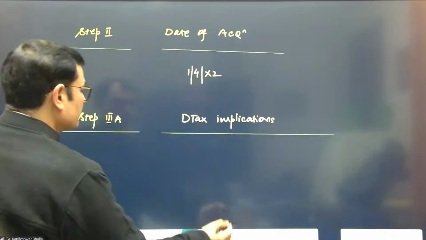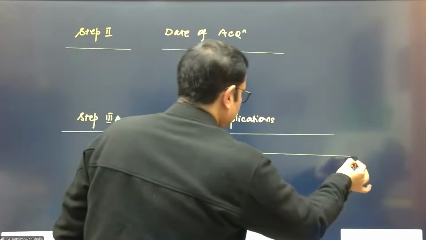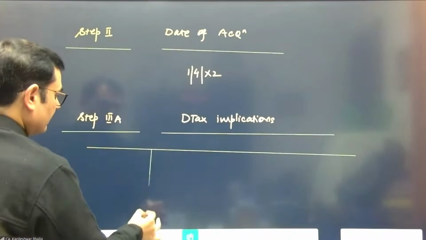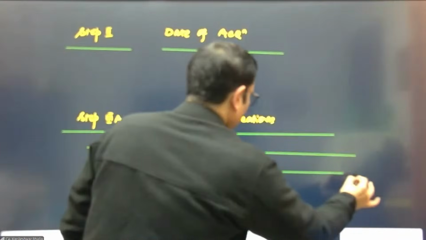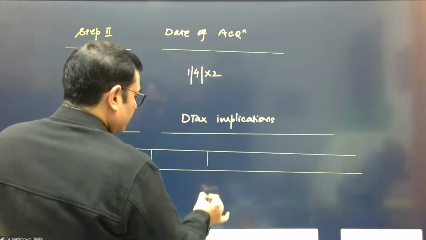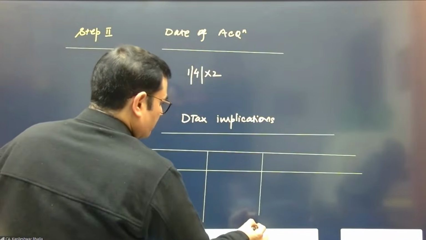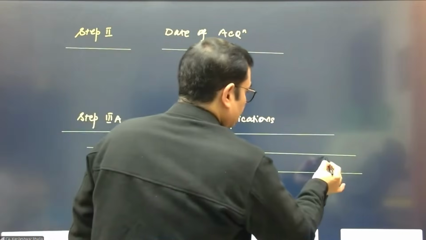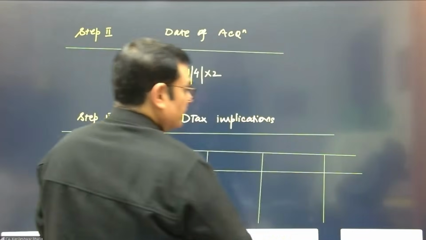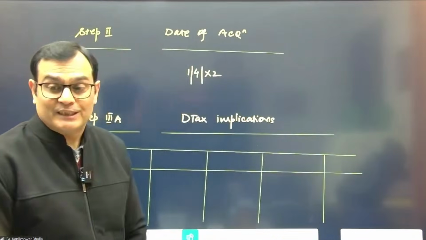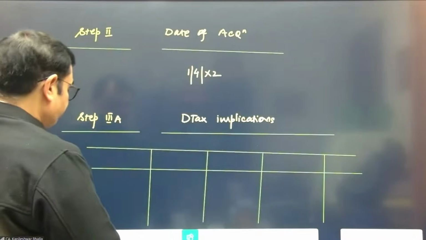So let's make a small format organizing the information. We'll take the names of those assets and liabilities, get the book value, get the tax base, get the temporary or taxable differences, whatever the case may be, and get the DTA or the DTL.